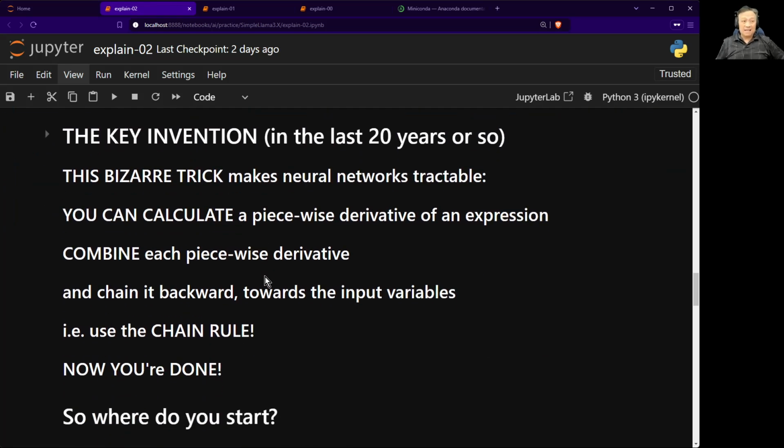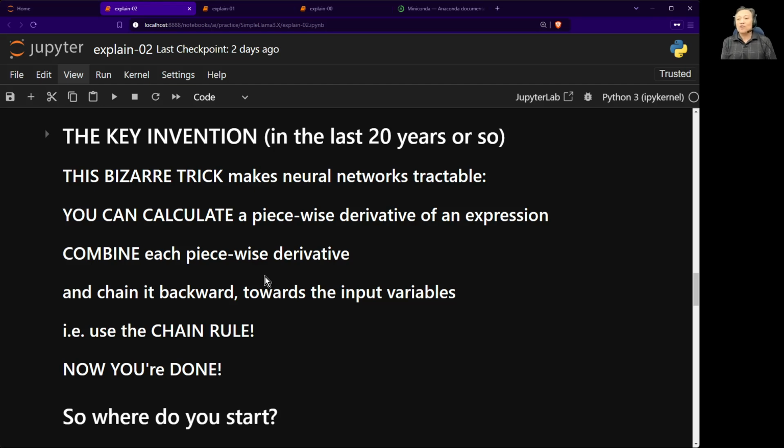And this is another bizarre little trick. If you understand how chain rules actually work, you already kind of know what this trick is. It turns out that if you have a complex expression, let's say a matrix times vector, or a matrix times matrix times matrix times a vector, and so on, with an activation function somewhere, you can do a piecewise derivative.